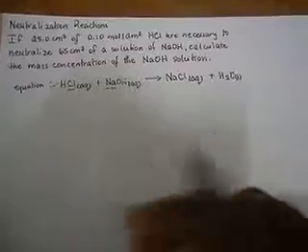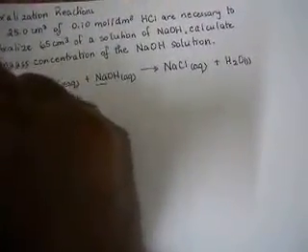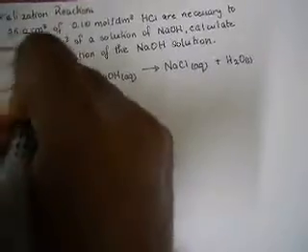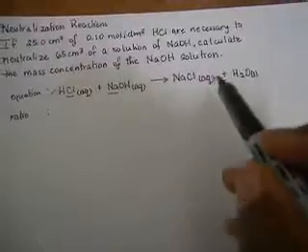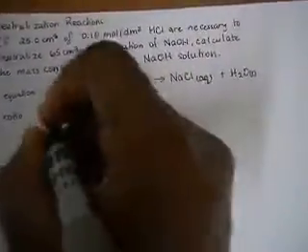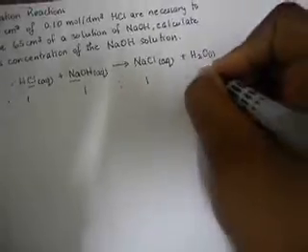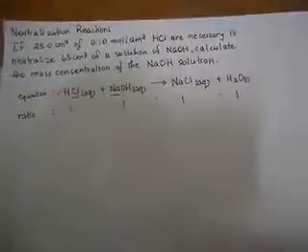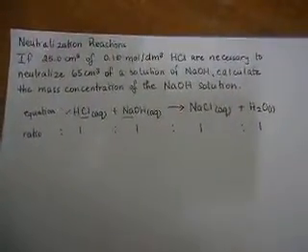After you do your equation, you write your ratios. Since we have no numbers in front here, it's going to be a 1 to 1 to 1 to 1 ratio. So our calculation should be pretty easy, seeing as we have just a 1 to 1 ratio.